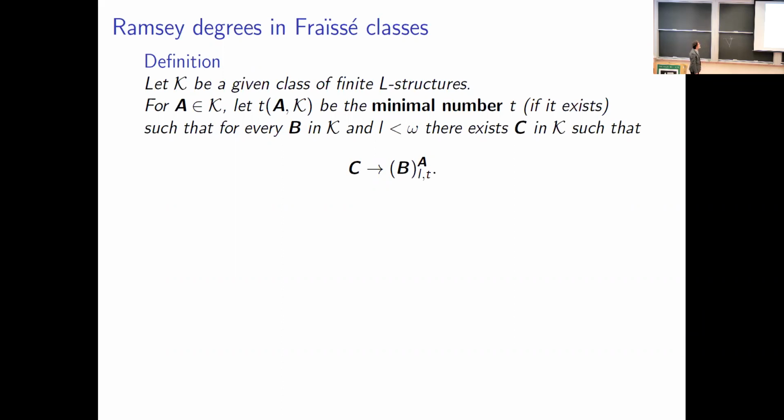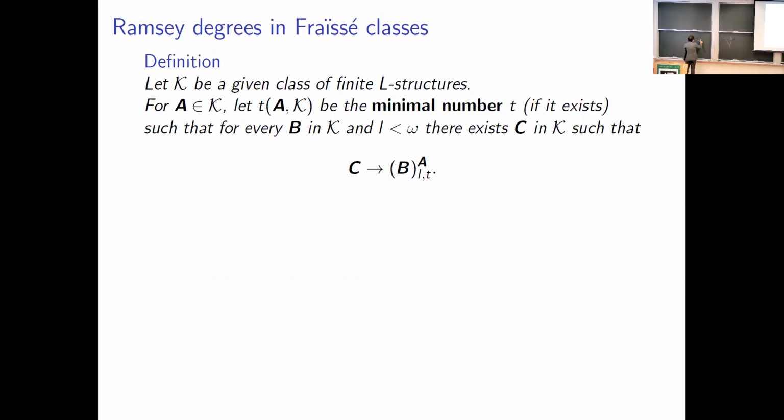The minimal number for which this is true, when you write this, if it exists, comes with two things. First, if you take the Fraïssé limit of this, there is a counterexample.